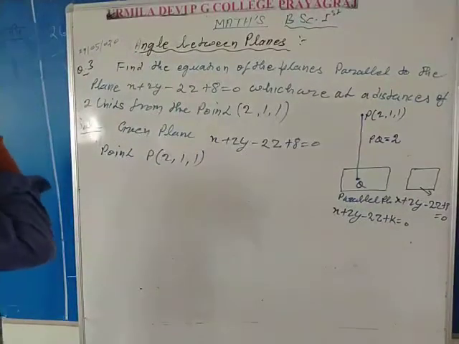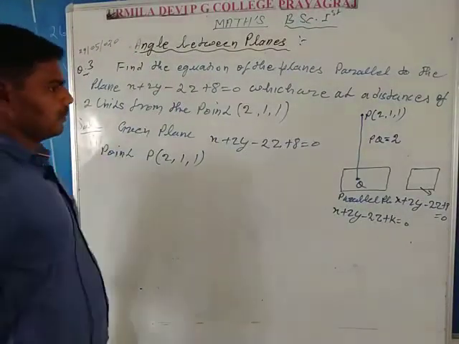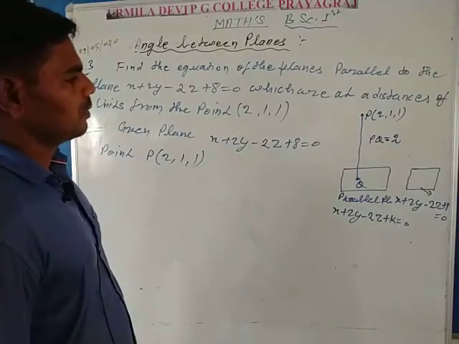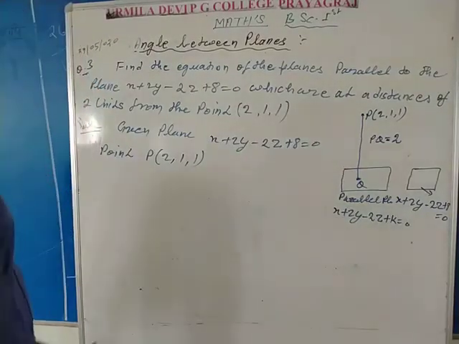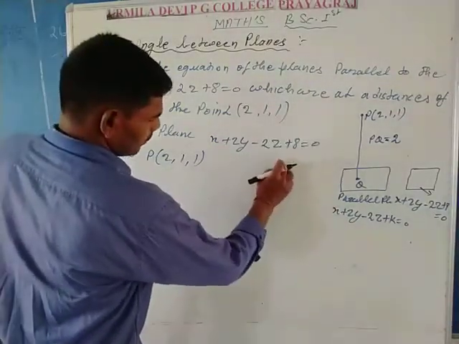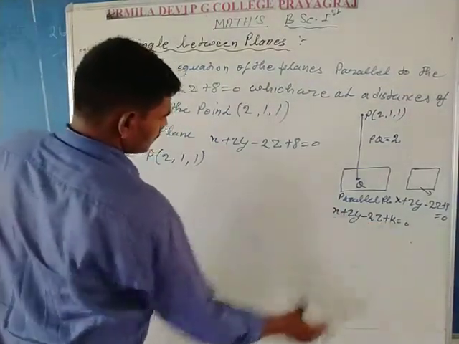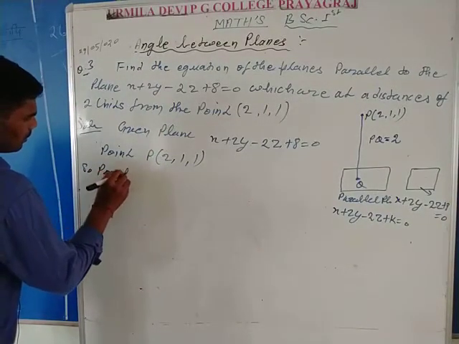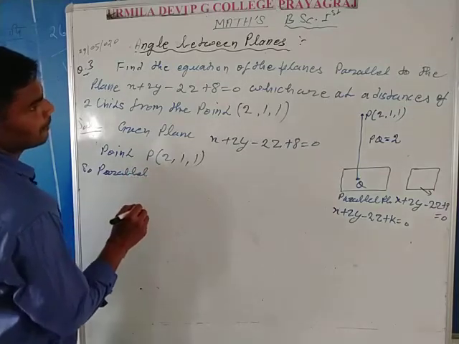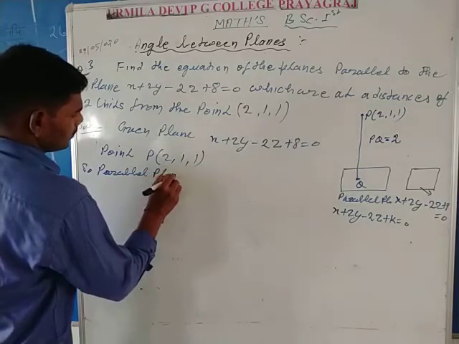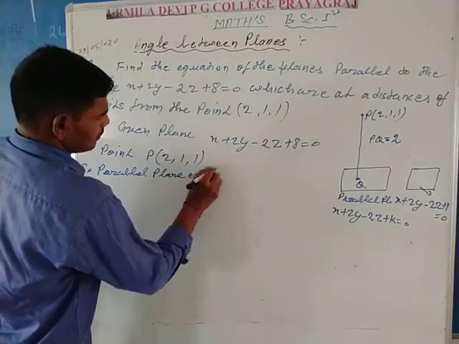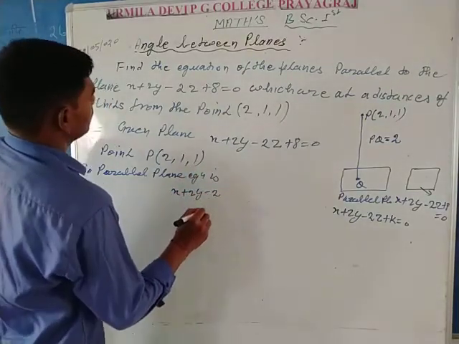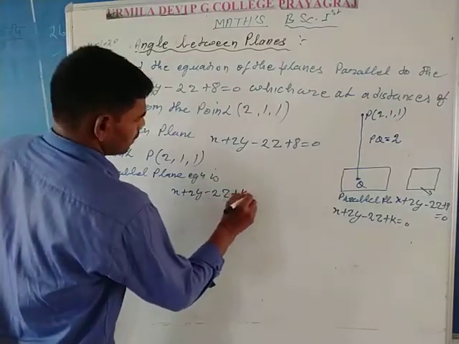So we apply the formula for the perpendicular distance from a point to a plane. Here the parallel plane is x plus 2y minus 2z plus k is equal to 0.